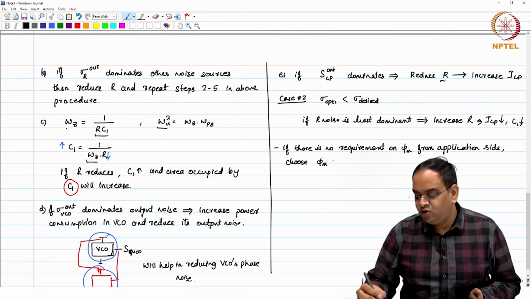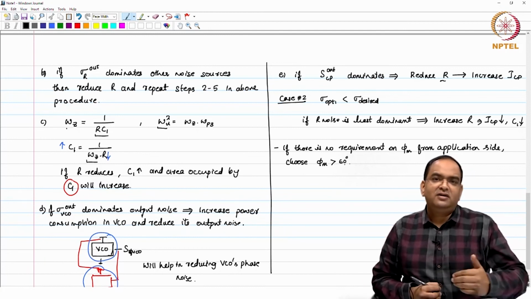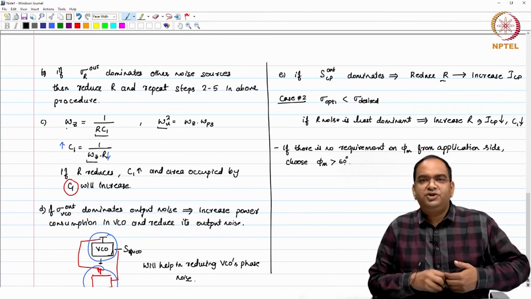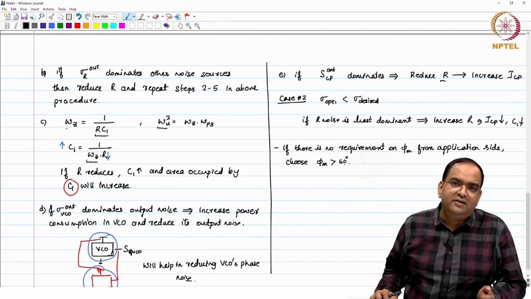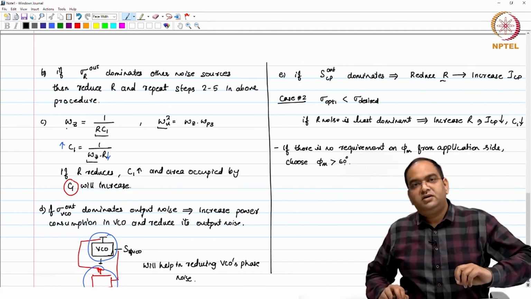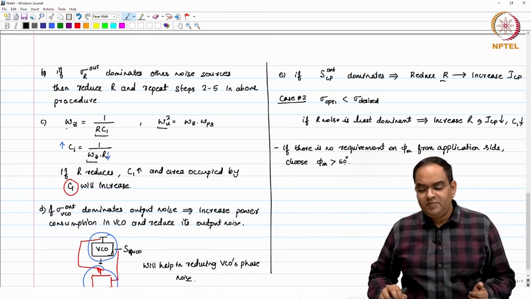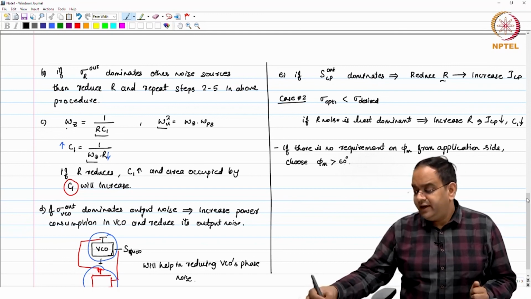Typically this is just a rule of thumb which I am applying here, phase margin greater than 60 degree, okay, and then design your PLL. Okay. Now, greater than 60, you can say between 60 to 90 there is a lot of range, but there will be some variation in phase margin across process corner. Okay, so make sure it is greater than 60 degree across process corner.